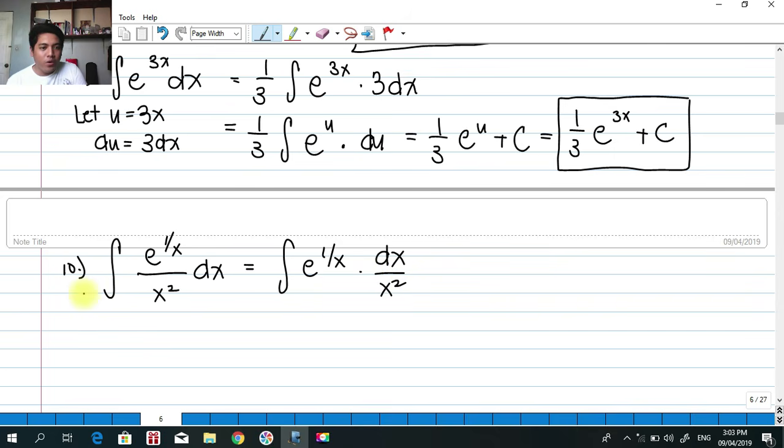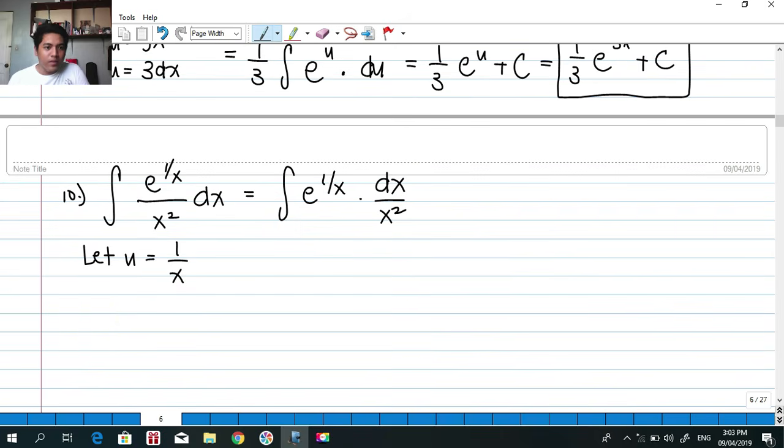So we need to let u equal 1 over x, and if we get the derivative of u with respect to x, using low d high minus high d low, because this is the derivative of a quotient: low times the derivative of the numerator, that is 0, minus high, that is 1, times derivative of low, which is 1, over low squared.